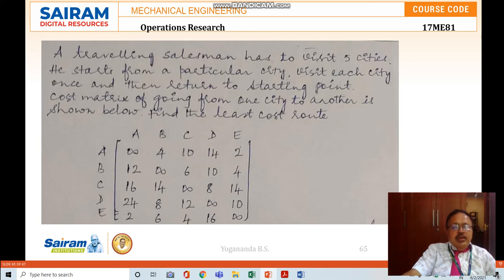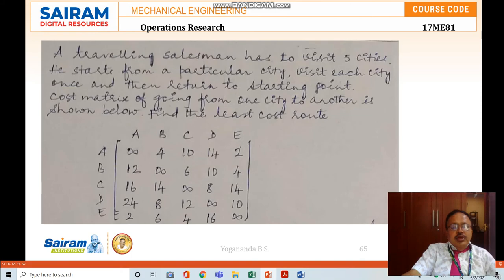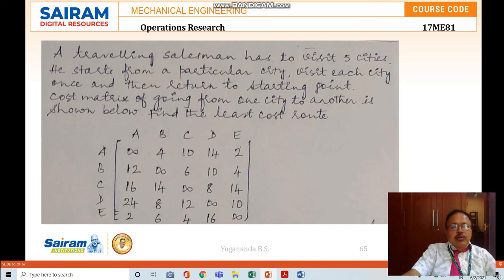Subtract 2 from the other elements: 4 minus 2, 2. 10 minus 2, 8. Then 14 minus 2, 12. 2 minus 2, 0. Individually in each row we are taking the lowermost element and subtracting it from the other elements. Second row, 4 is the lowest cost.